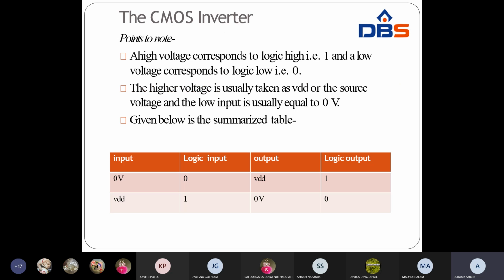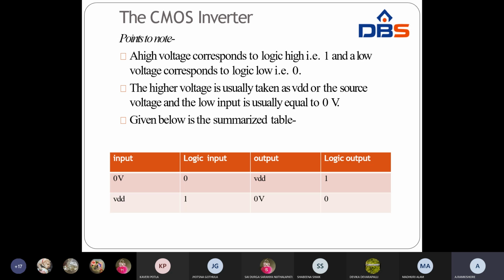Next, for the CMOS inverters, we have to remember these points. A high voltage corresponds to logic 1, and a low voltage corresponds to logic low, that is 0.